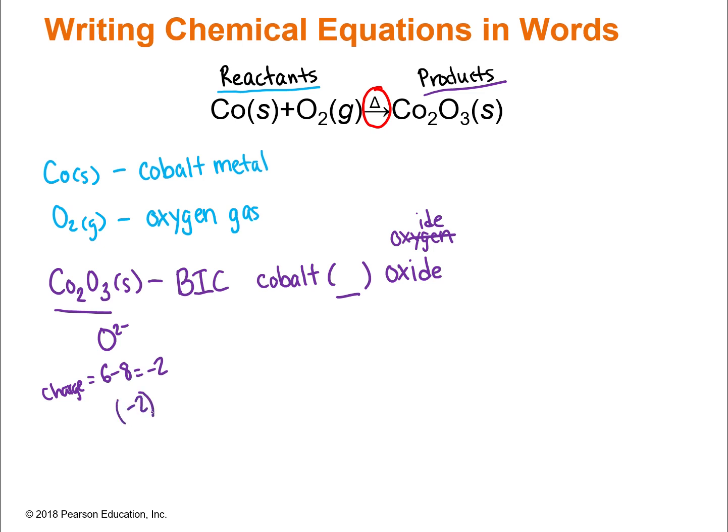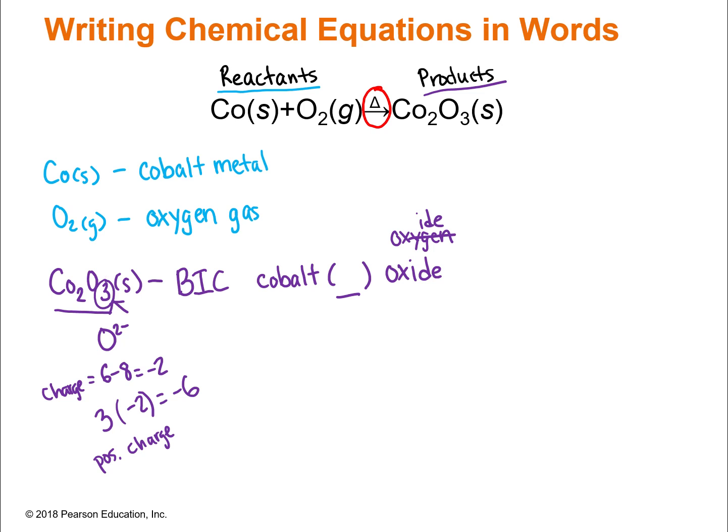Now we've got 3 of these because of the subscript right after the O. So for our total negative charge, we've got -6. For our positive charge, how did I get 6? So you multiply the number of oxide ions that you have, which is 3, which is from the subscript here.